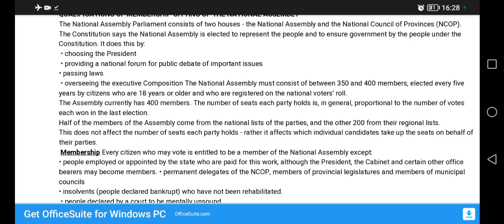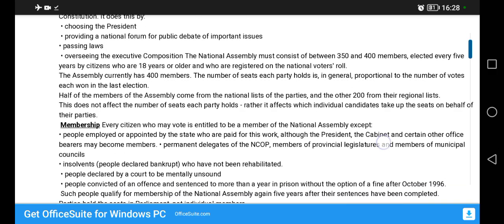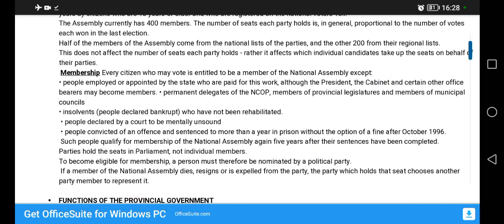That means passing laws. They are overseeing the executive. The National Assembly should consist of 350 up to 400 members, and they should be elected every 5 years, right? So that you will read for yourself, guys.